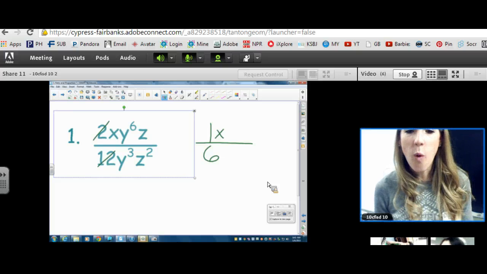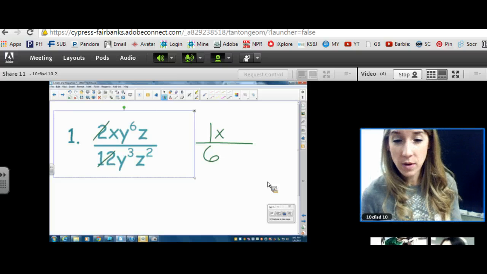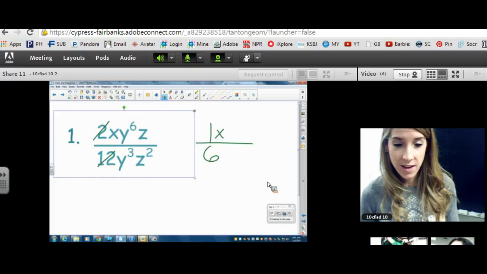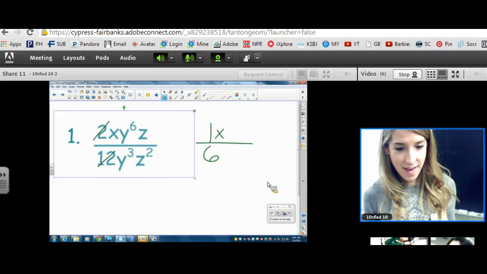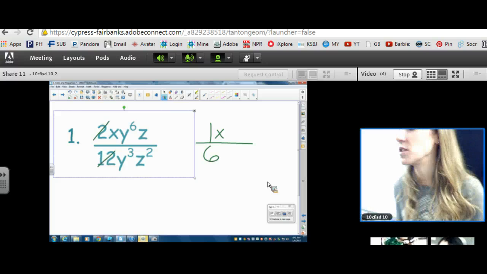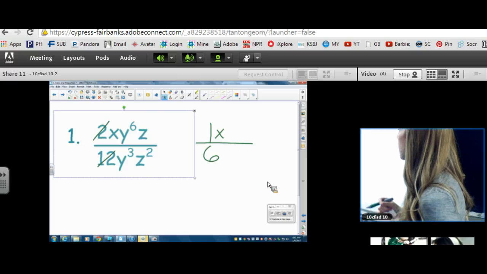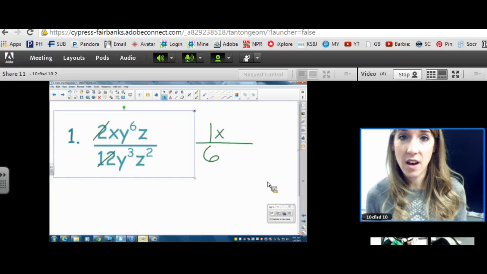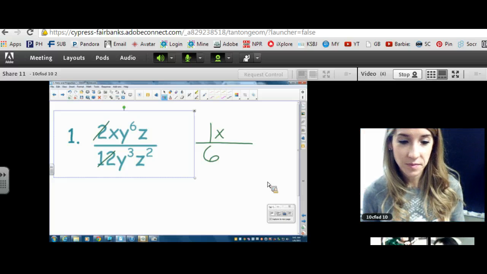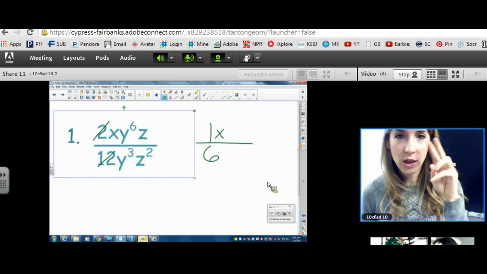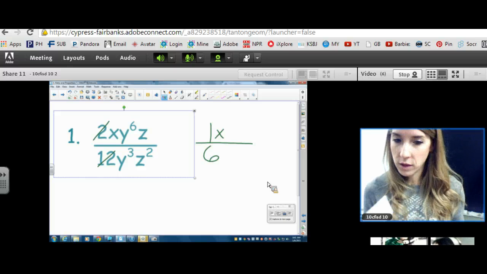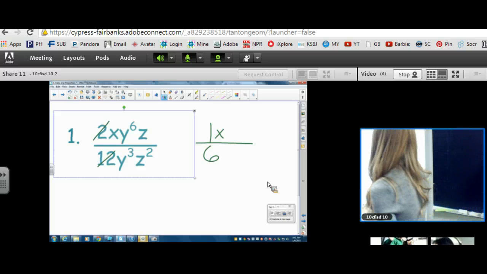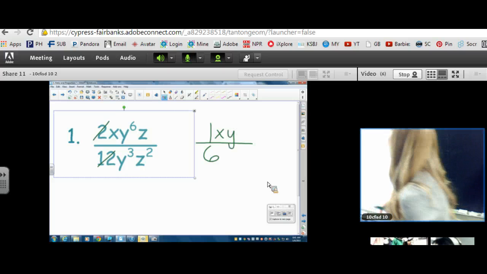The next one is y. Do y'all remember what to do with the exponents when you're dividing? When you're multiplying, you add the exponents. When you're dividing, very good, you subtract the exponents. 6 minus 3 is 3. Now, where do I put y to the third? Good. It goes wherever the larger one came from. So if the larger number was in the numerator, then it goes in the numerator.